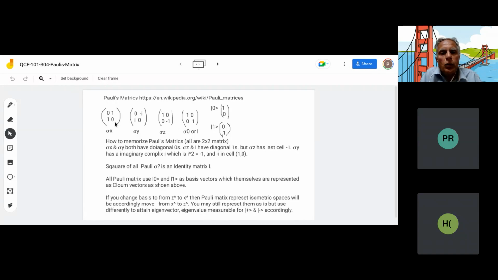For example, if I want to go to the sigma x basis, then even though I am doing sigma x basis, I'll have to use the equivalent of that matrix for the changed basis. Hopefully you are getting it. If not, realize these are only valid for the Z basis.